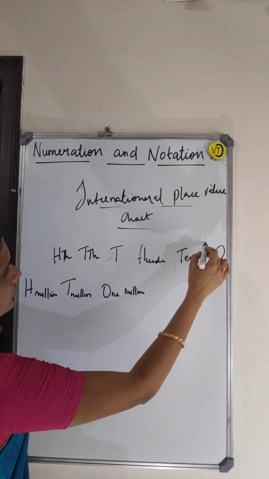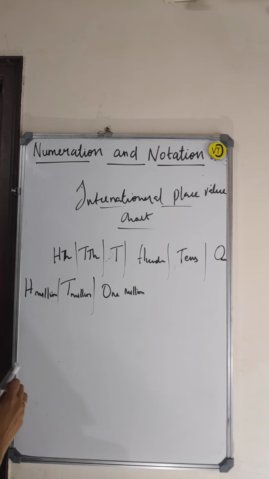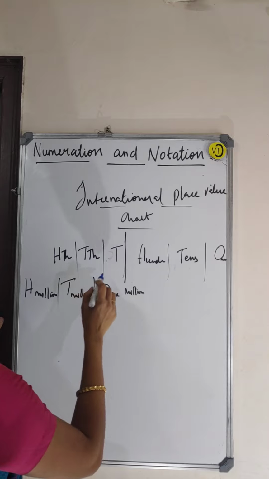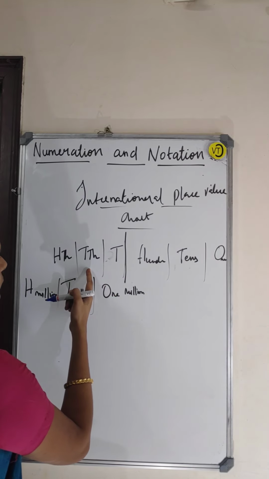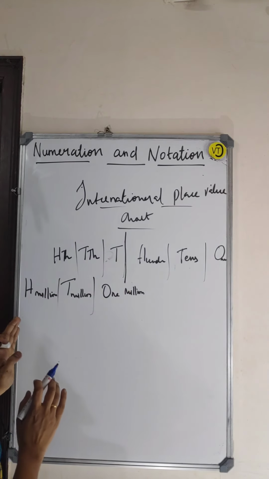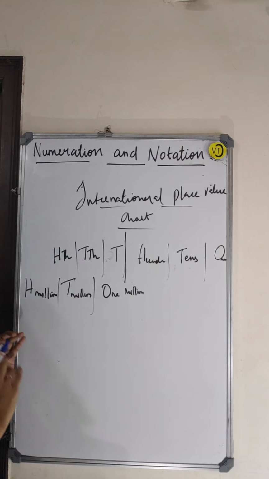Ones, tens, hundreds we know already. Then thousands, 10,000s, 100,000. Then there will be 1 million, 10 million, 100 million.